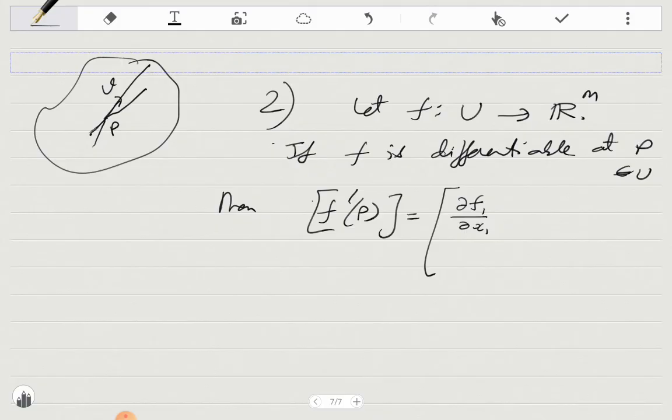Anyway, it's clear. So it should be del f m by del x1, del f n by del x1, del f m by del x.